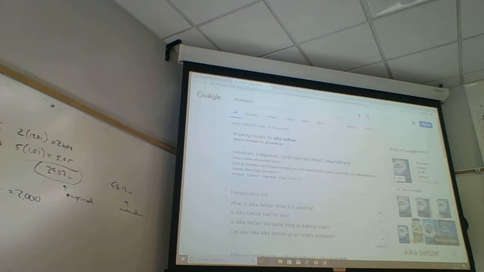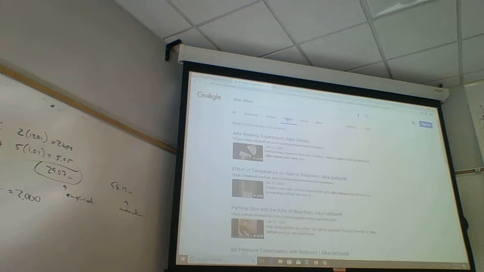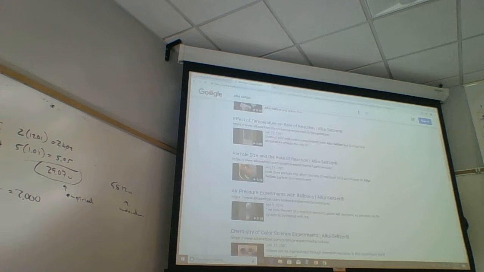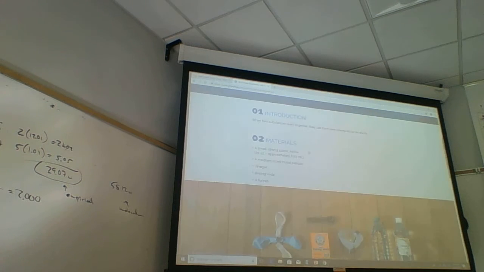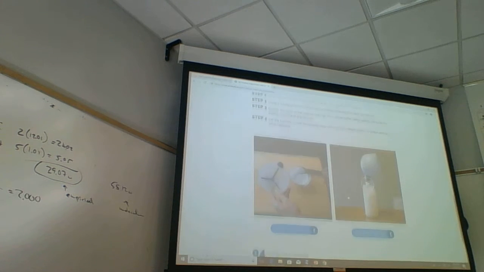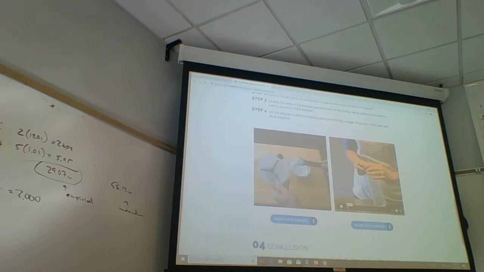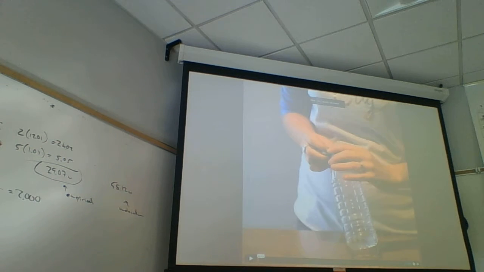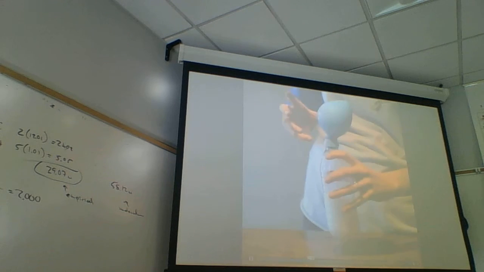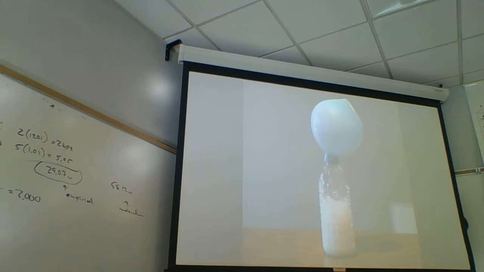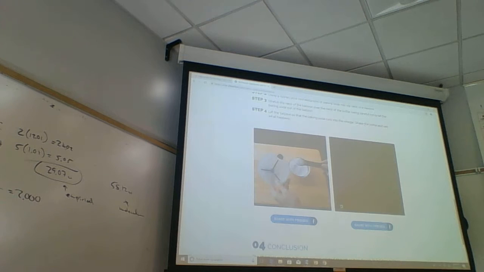Alka-Seltzer is actually a chemical reaction, so let's take a look at that. This is Alka-Seltzer. Dump Alka-Seltzer in there, and then you can see the gas bubbling out, filling up the balloon. That's called effervescence.